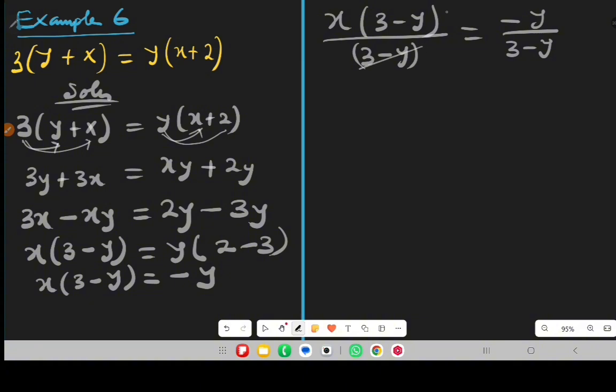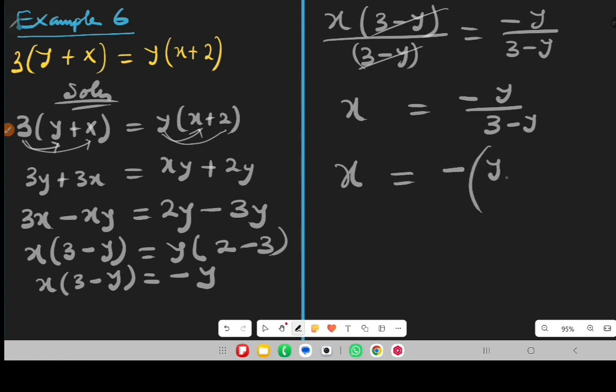Then 3 minus y, we cancel 3 minus y, left with x equals minus y all over 3 minus y. Then we can leave our answer like this, or we can express this answer as x equals minus bracket y all over 3 minus y. This minus sign only affects the numerator. So this makes x the subject of formula.